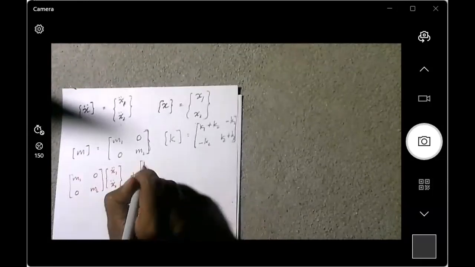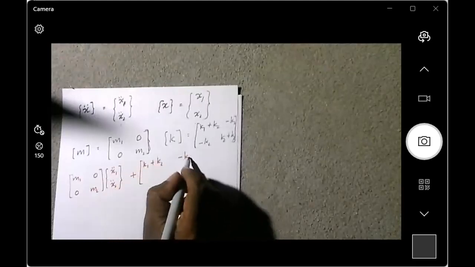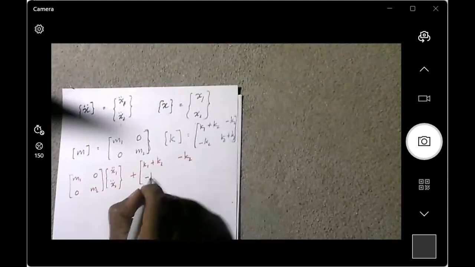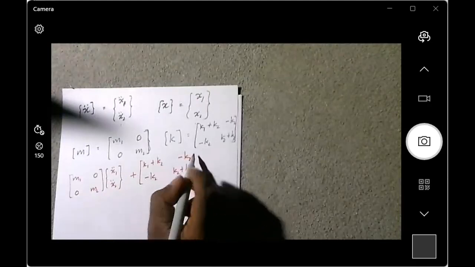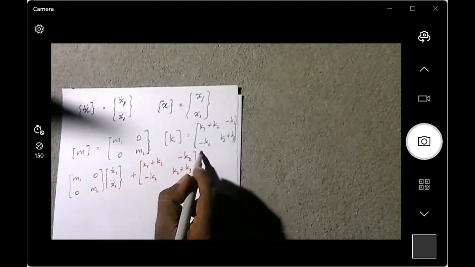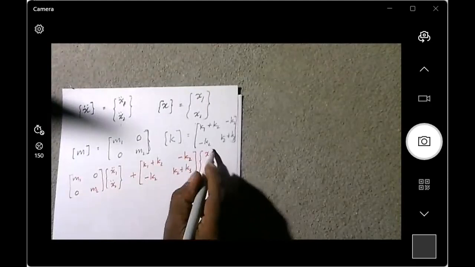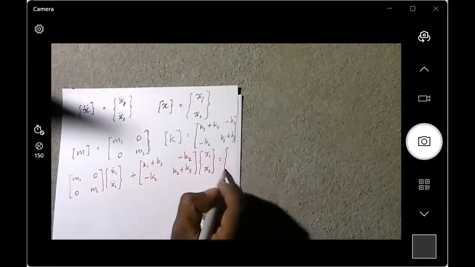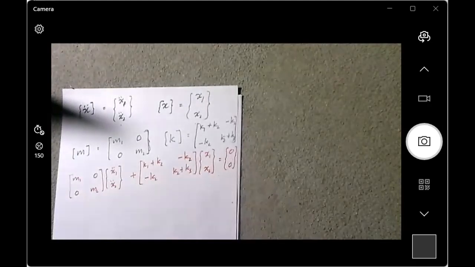Plus the spring matrix K1 plus K2, minus K2, minus K2, K2 plus K3 into the displacement x1, x2 should be equal to null vector 0, 0. Any questions up to this one?